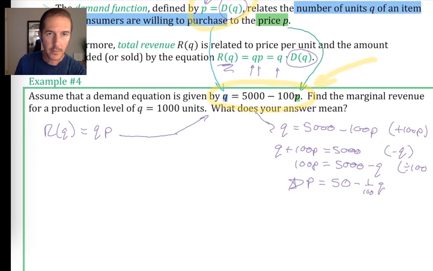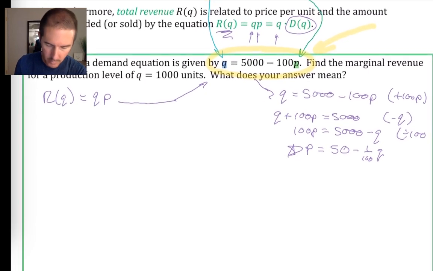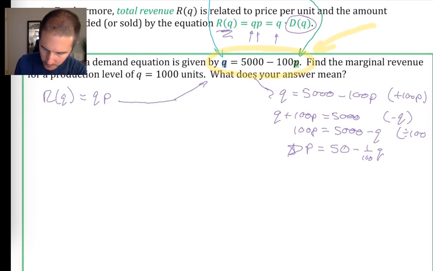And then we'll come back to the left and say by star, this equals Q times 50 minus 1/100th Q.